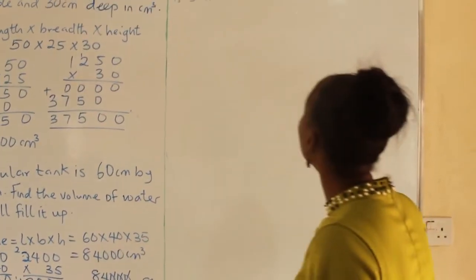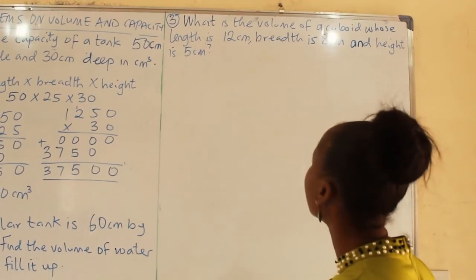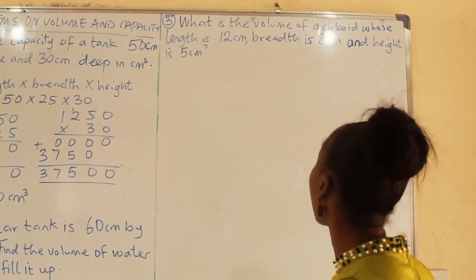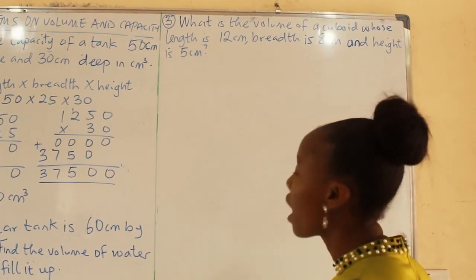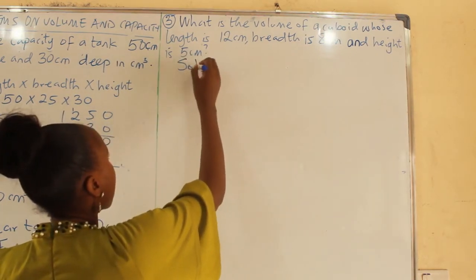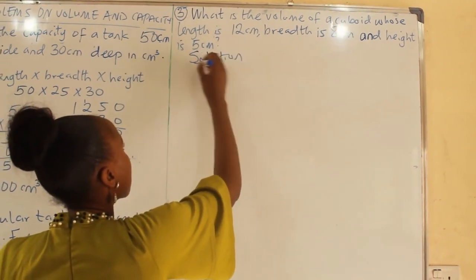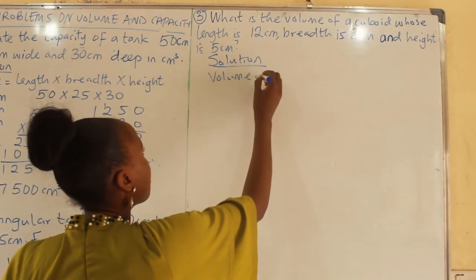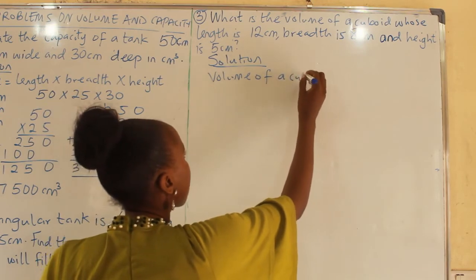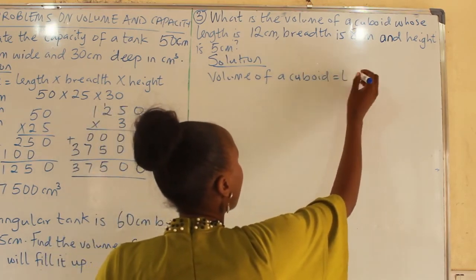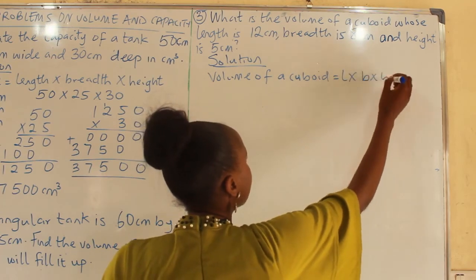Alright, question number 3. What is the volume of a cuboid whose length is 12 centimeter, breadth is 8 centimeter, and height is 5 centimeters? Now, volume of a cuboid equals length times breadth times height.